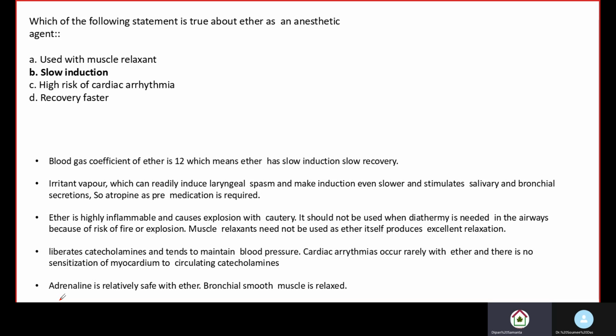The blood gas coefficient of ether is 12, which means ether has slow induction and slow recovery. Always remember, ether induces anesthesia slowly, and recovers also slowly.